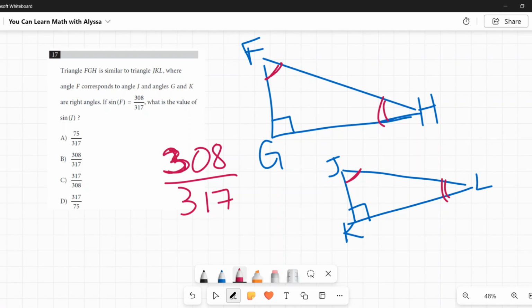Sine is talking about the ratio of the lengths of sides in right triangles. And if I have two right triangles that are similar, as they are in this case, their proportions are identical. This general statement is true of any two things that are similar.